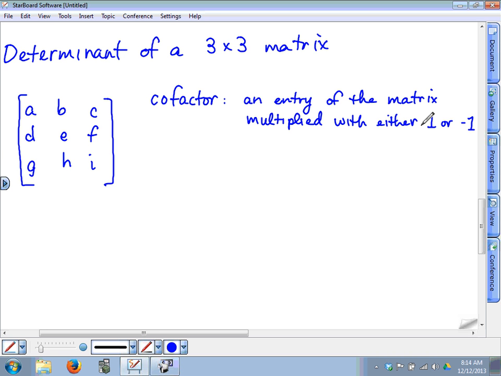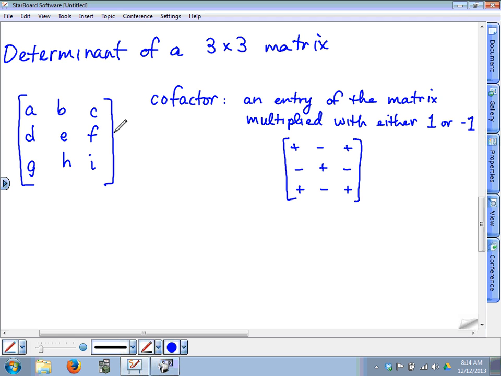And you can't just say, well, I'm going to multiply this one by 1, that one by -1. It follows a particular pattern. For a 3 by 3, to determine whether you would multiply the entry with a +1 or a -1 to find the cofactor in that spot, you'd have to use this pattern here.